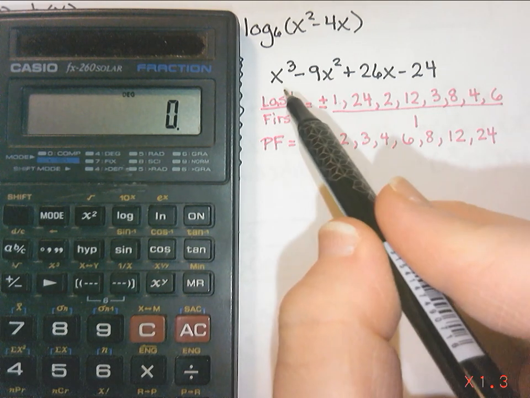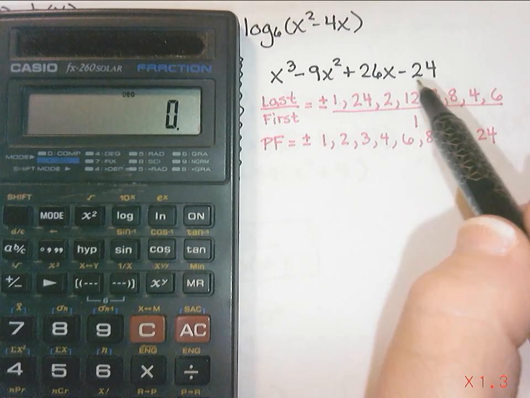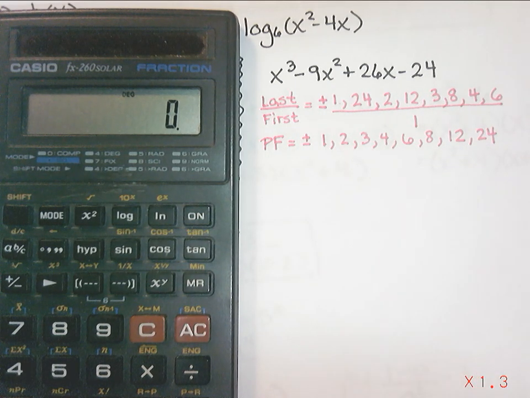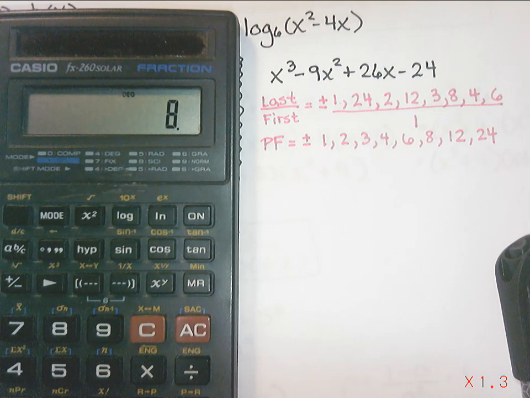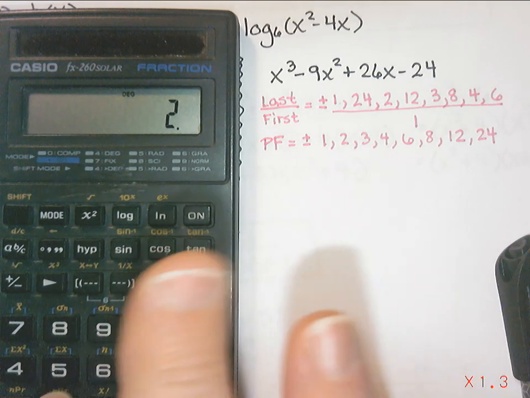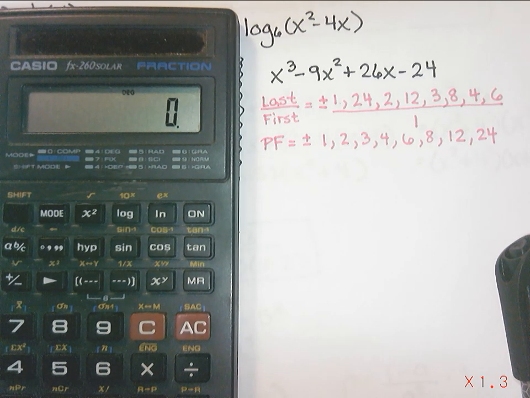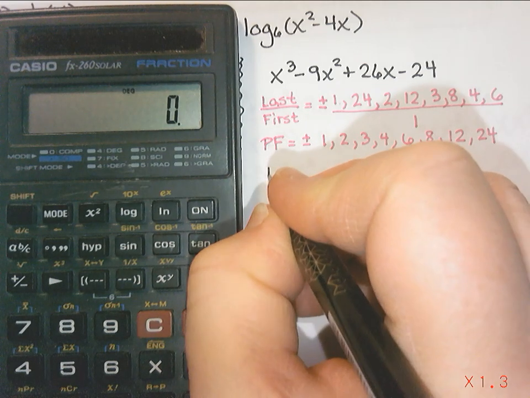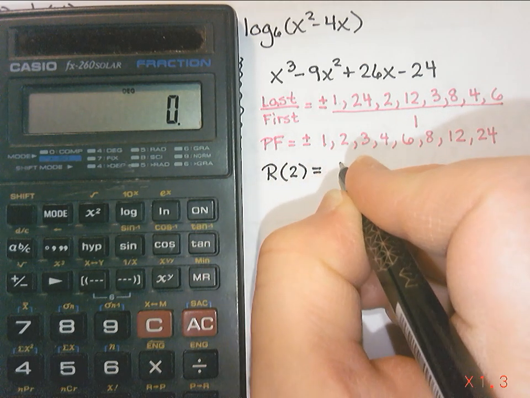Looking at these numbers, I don't think 1 is going to work, so I might start with 2 and see how that goes. So I'm going to go 2 to the power of 3, and then minus 9 times 2 to the power of 2, plus 26 times 2, minus 24. Oh, it worked. Okay, so my remainder when I tried 2 was 0.